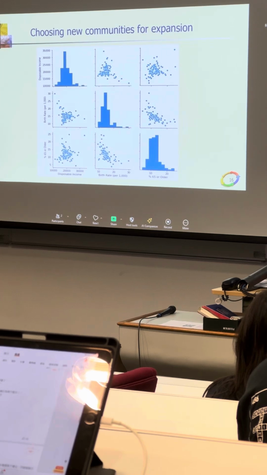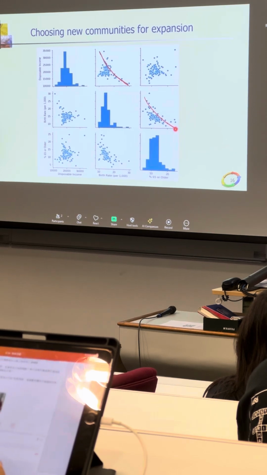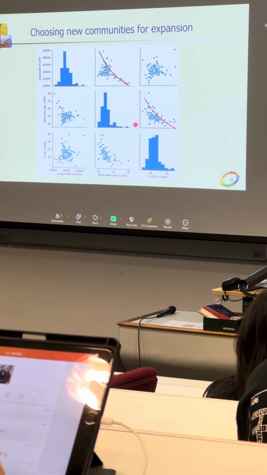If you look at the scatter plot matrix here, you can see that the relationship between the disposable income and the birth rate is negative, okay? And the relationship between the percentage of 65 or older and birth rate is also negative. So that means that when you choose a community that is high at the value of percentage of 65 or older, that is, it has more old people, then the birth rate will be low.